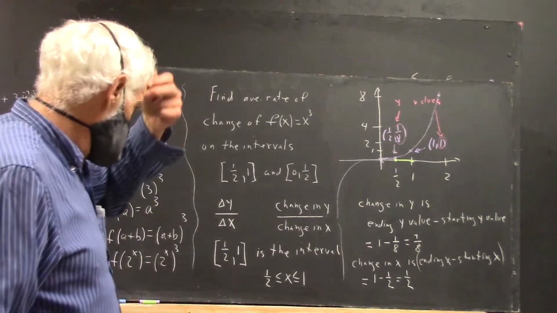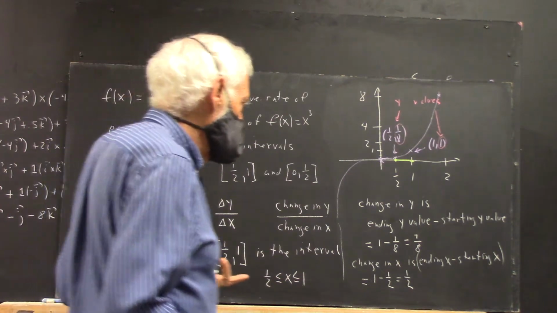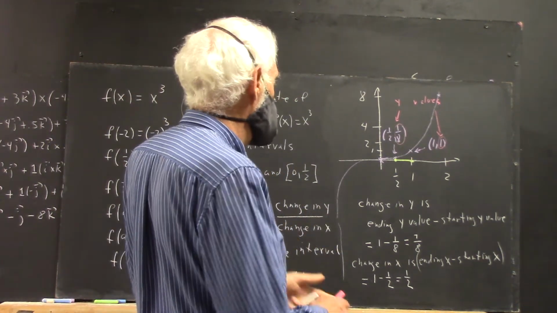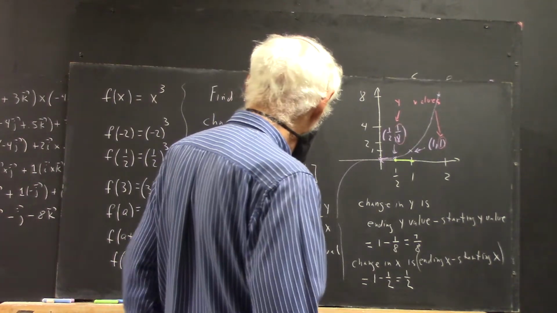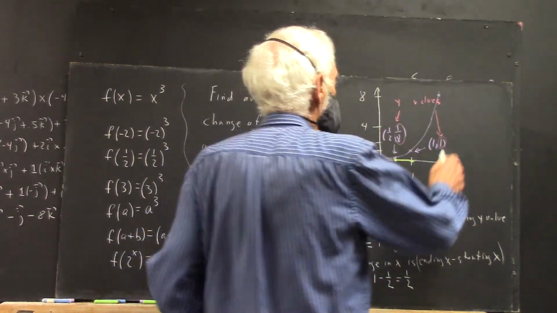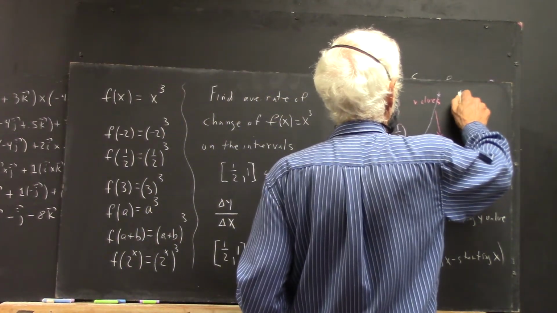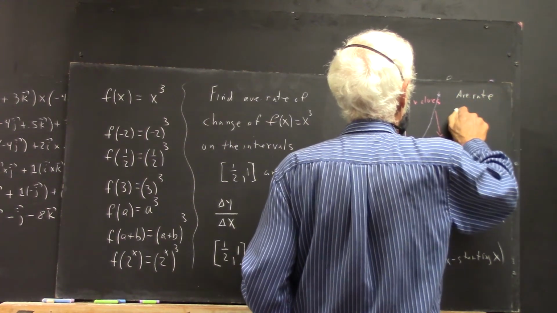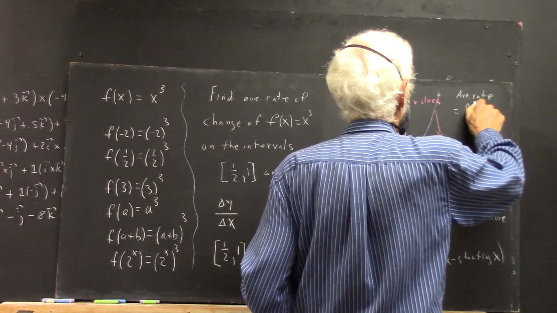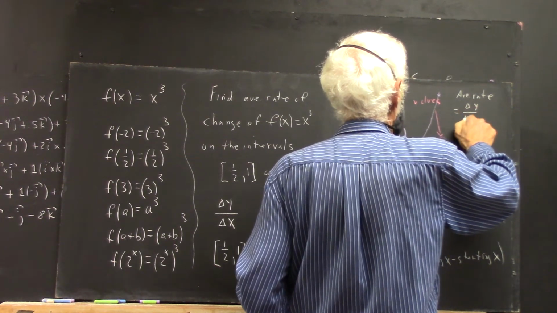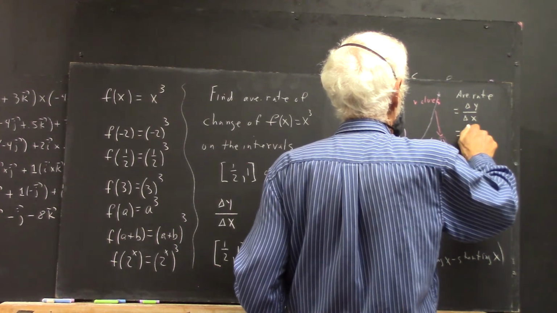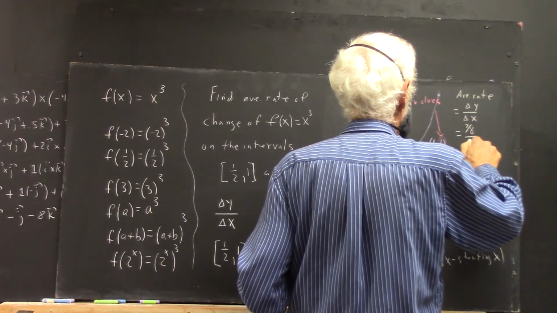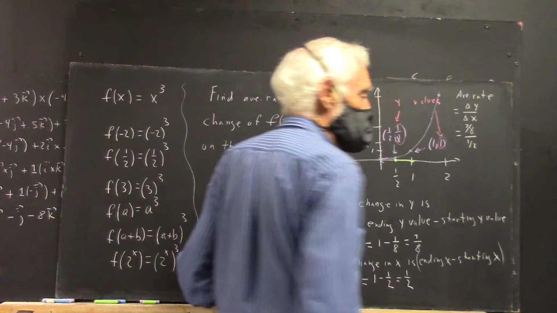Now, your average rate is change in y divided by change in x, which equals 7/8 divided by 1/2.